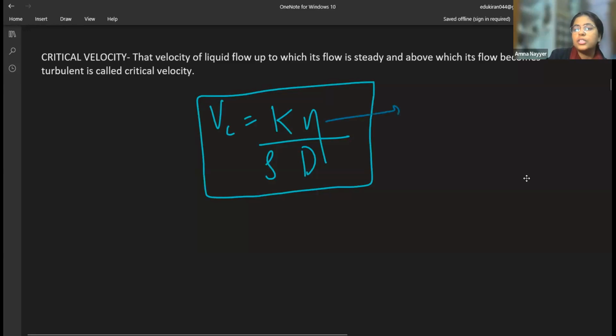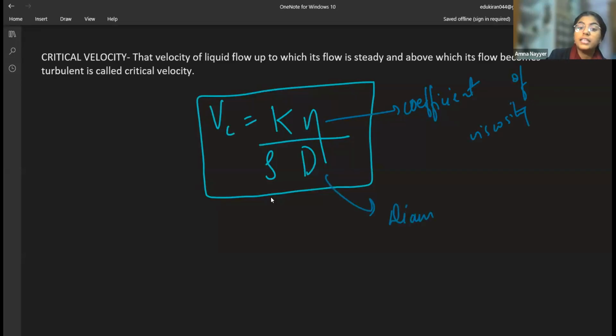This is the coefficient of viscosity. This is the diameter of the pipe. This is the density of the liquid.